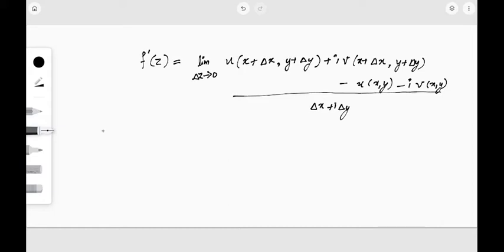So first of all, I'm supposing that delta z tends to 0 along a line parallel to the y-axis, or the imaginary axis. Okay, so in that case, what happens is we have delta z.